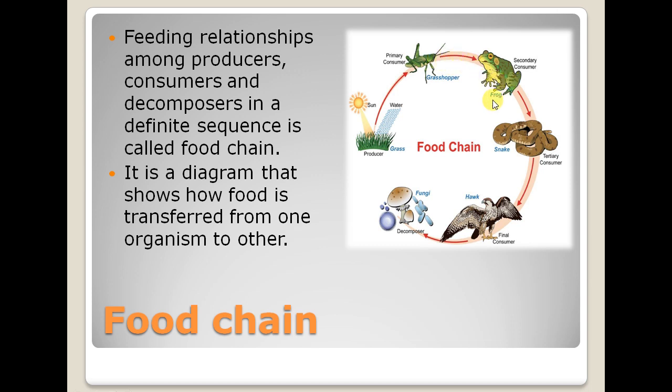Here the secondary consumer is the frog. Next is the snake, which feeds upon the frog, and it is the tertiary consumer. And the last, the final consumer, is the hawk, which eats the snake. After the hawk dies, it is decomposed and the nutrients are transferred to fungi or other microorganisms. They absorb the nutrients.